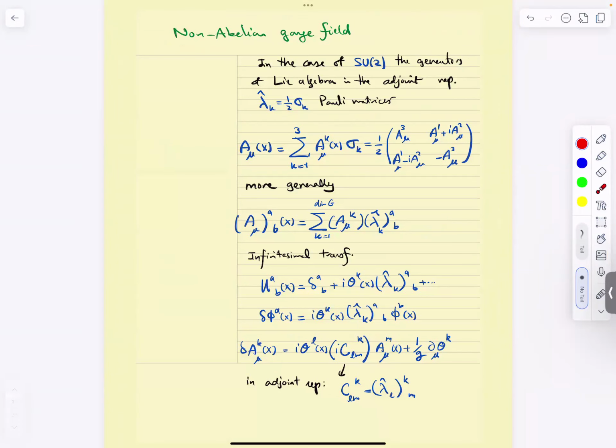Okay. In the case of SU2, imagine an SU2 gauge theory. This is actually a theory that's relevant for nature. If you have an SU2 matter field in the fundamental representation, what's the dimensionality of that? Two-dimensional complex. What is the representation of your gauge fields?